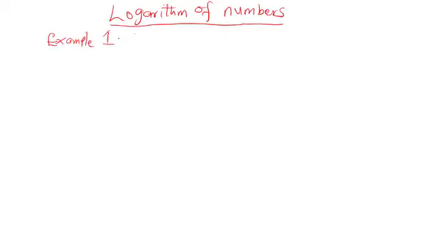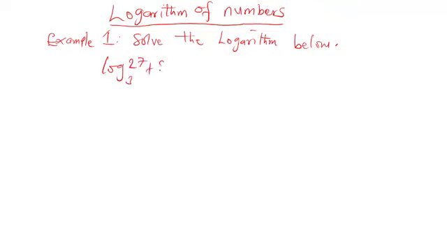It says solve the logarithm below. We have log 27 base 3 plus 2 log 9 base 3 minus log 54 base 3.